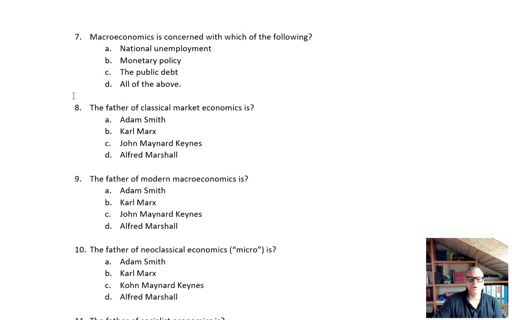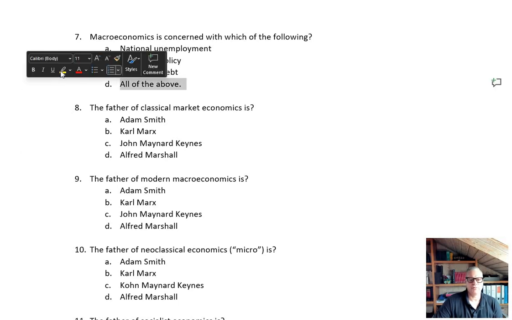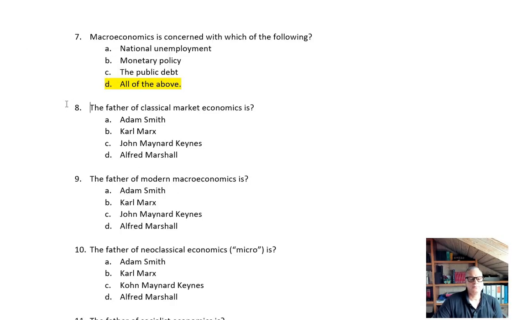Okay, macroeconomics is concerned with which of the following? A, national unemployment? Yeah. B, monetary policy? Yeah, that's correct. C, public debt? Also correct, so that's all of the above. The father of classical market economics is A, Adam Smith, B, Karl Marx, C, John Maynard Keynes, D, Alfred Marshall.